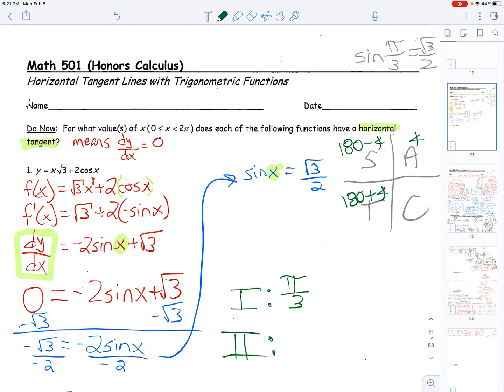If you remember, we said quadrant 1 is your angle, quadrant 2 is 180 minus the angle, quadrant 3 was 180 plus the angle, quadrant 4 is 360 minus the angle. Do you guys remember that?